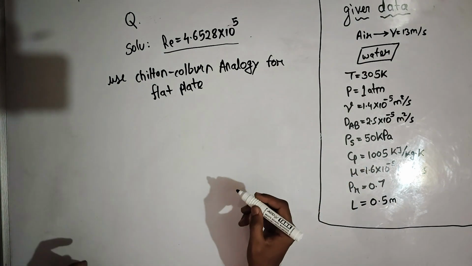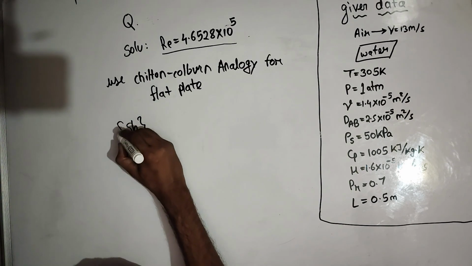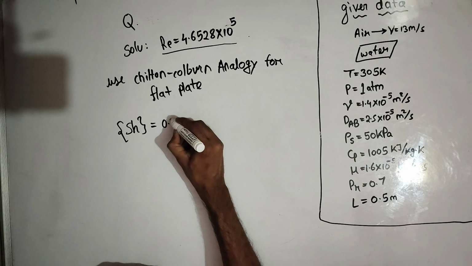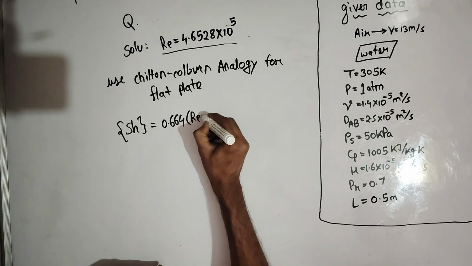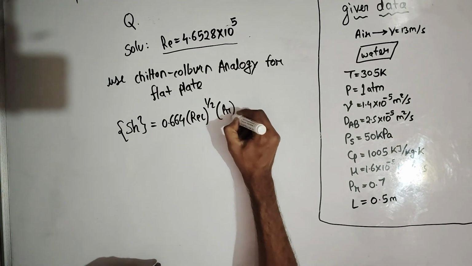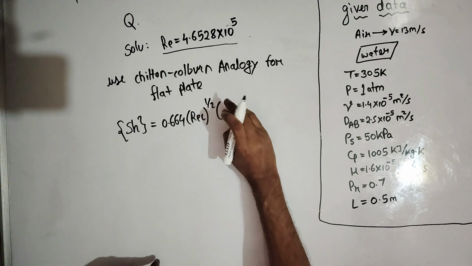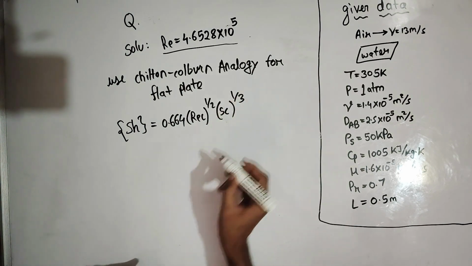So from the table, we can get the relation for Sherwood number equals 0.664 into Reynolds number to the power 1 by 2 and Schmidt number to the power 1 by 3.